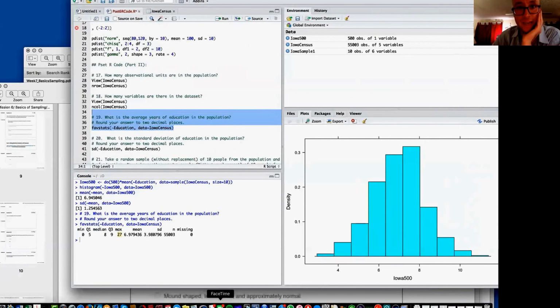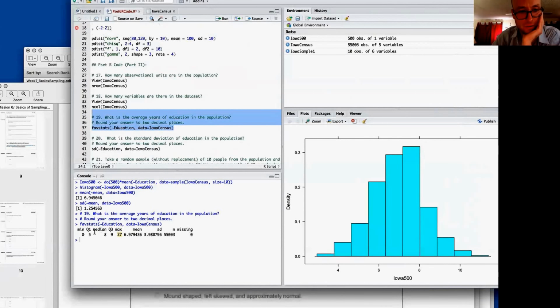So the actual population variation is much larger than what we have here in our sampling distribution. But that's, of course, the point, because we're not actually interested in the full range of the entire population. We're interested in estimating with some degree of precision what the average is.